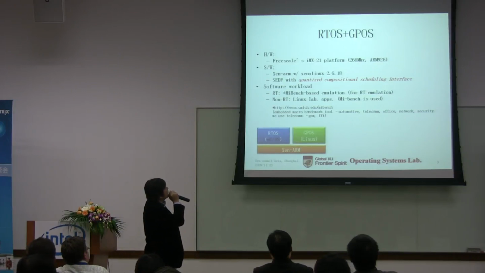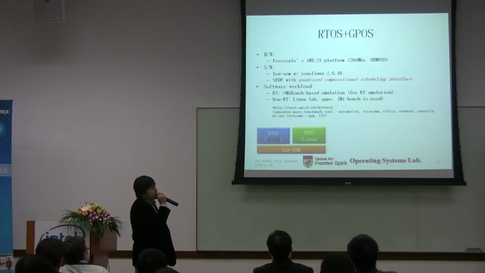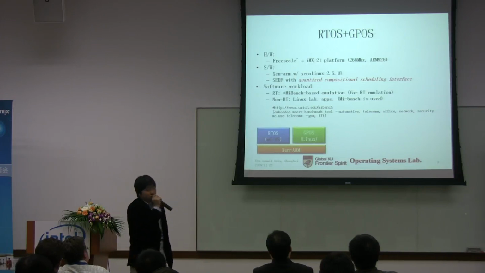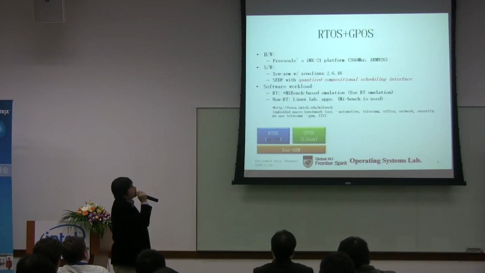And this is for hardware platform. We want to run the real-time operating system with the general purpose OS such as Linux. And our hardware platform is Freescale i.MX21 platform, which runs 266 MHz and runs 9 CPU.